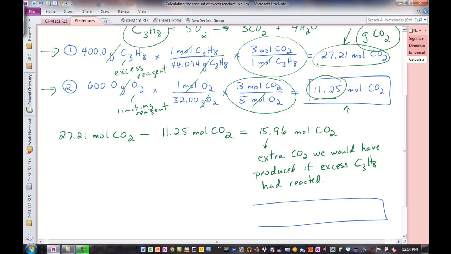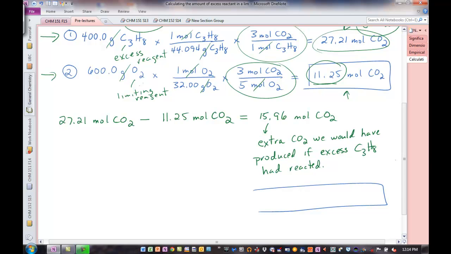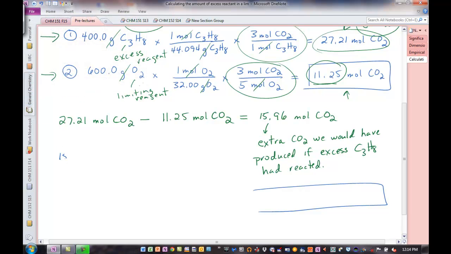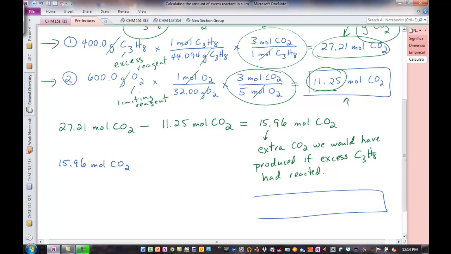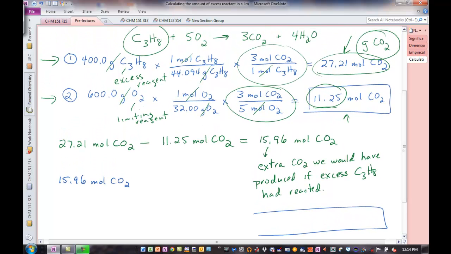Now, I don't know why I have this little blue box in the corner, but we'll work around that. Let's take our 15.96 moles of CO2. Remember, propane is our excess. I'm going to scroll back up just a little so I can see the mole ratio.